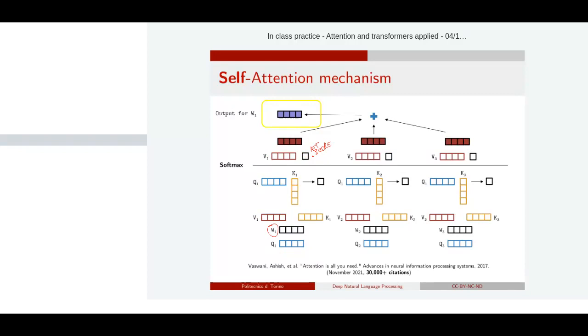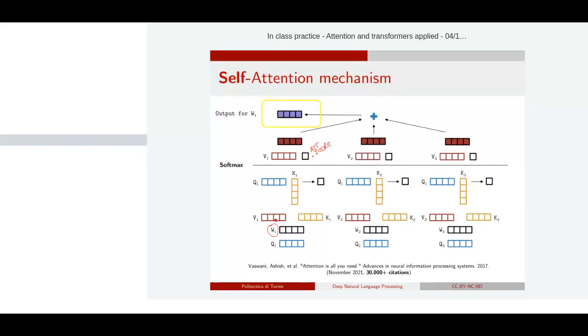It means that I give to some other words the weights given by this attention score. It's like a weighted sum of all the value representations of the words, using the attention score as coefficient for the weighted sum. So at the end of the process, what I have is a vector representation for the word W1.